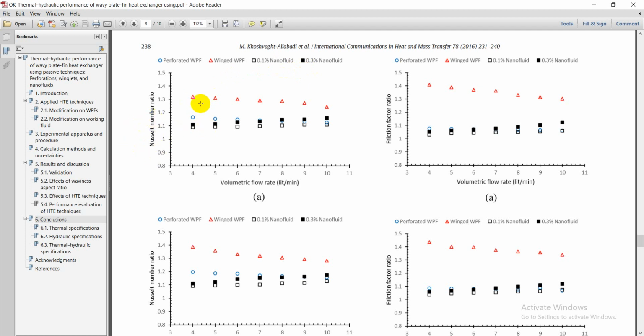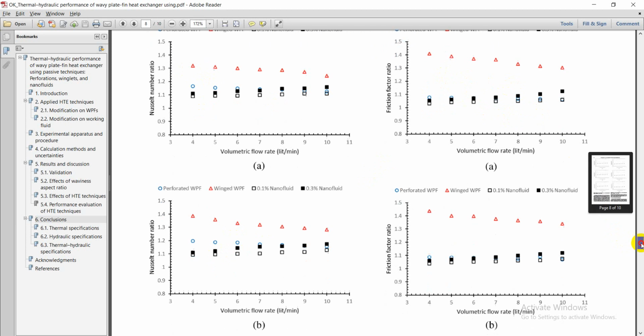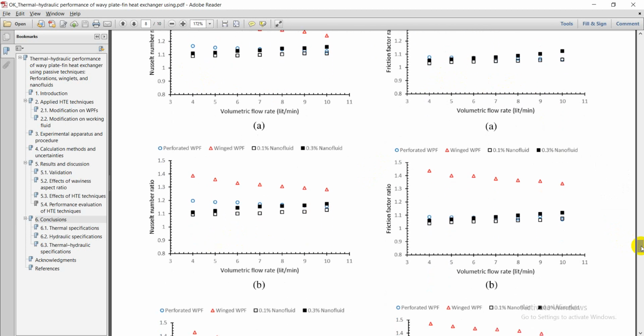You can see also the winged with the winglet, and this with perforation. Winged showed highest number, okay, compared to the perforated. Also, I think highest friction factor you can see with the winglet. So you can just write from your own expression about what you can obtain and understand from these figures.